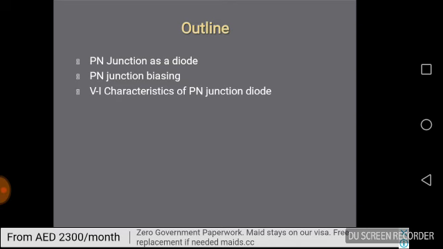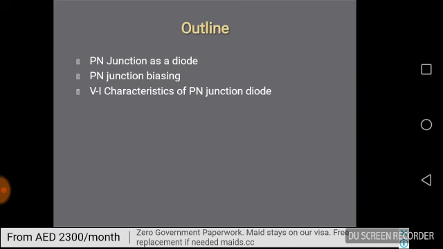Now let us see what is meant by this term biasing. Biasing is basically giving some external voltage to your device. That external voltage can be through some battery or through some power supply.